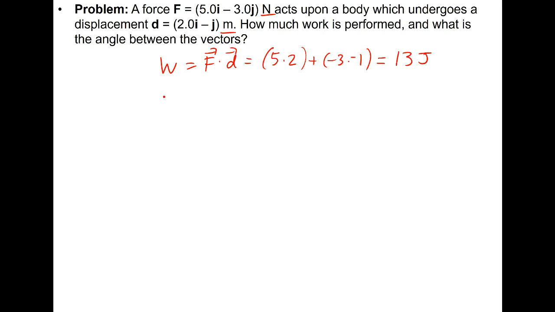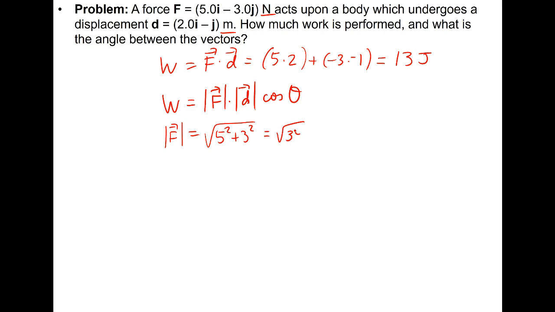What's the angle? Well, work is also defined as the magnitude of F times the magnitude of D times the cosine of the angle between them. So the magnitude of F is the square root of 5 squared plus 3 squared, which is going to be root 34, 25 and 9.